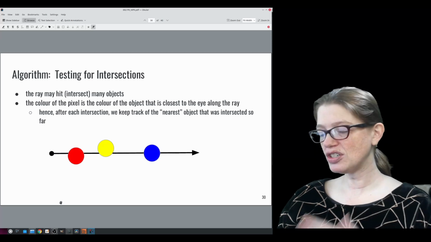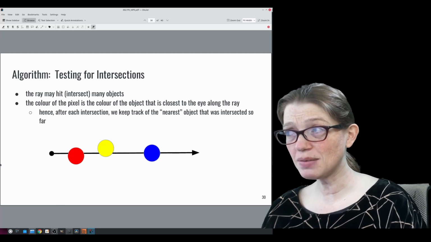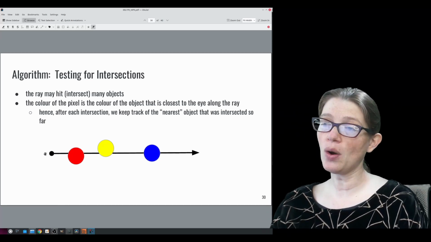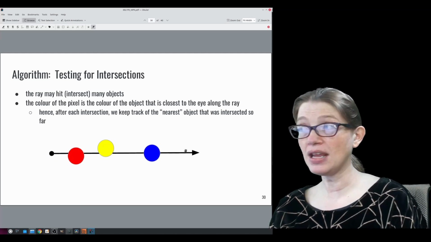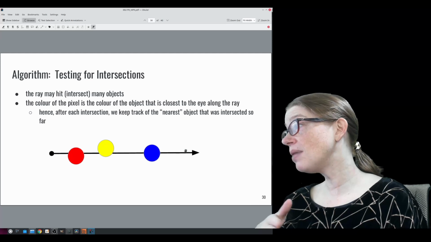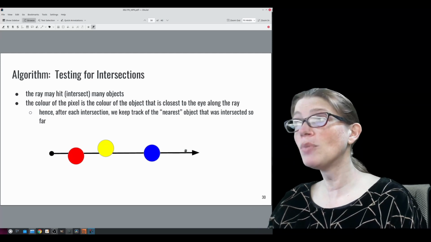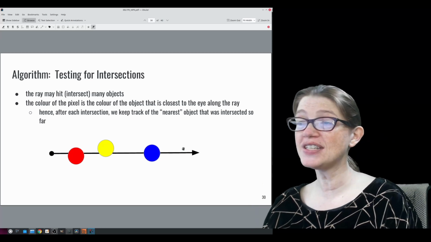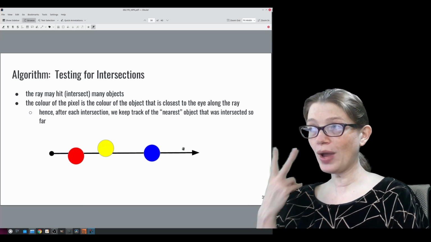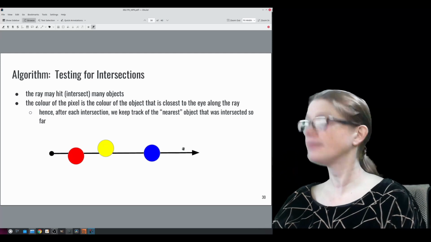As I said before, just a brief reminder, you might intersect many things. So if this is the ray origin and these are all of the different objects, we might intersect many objects. And what's interesting is you might intersect many objects more than once. If we have the conversation about intersecting spheres, there are two ways that you can intersect a sphere.